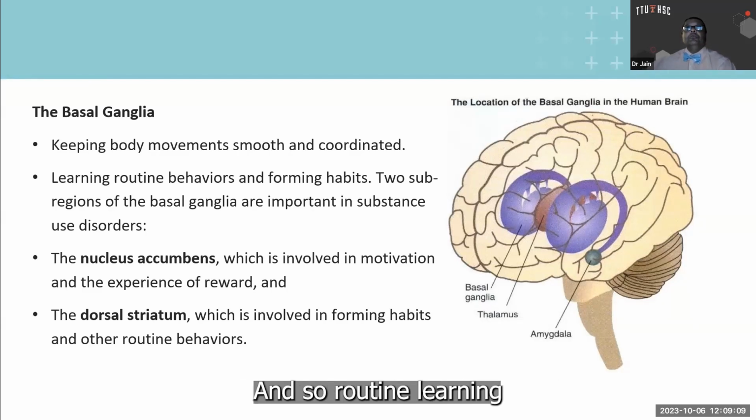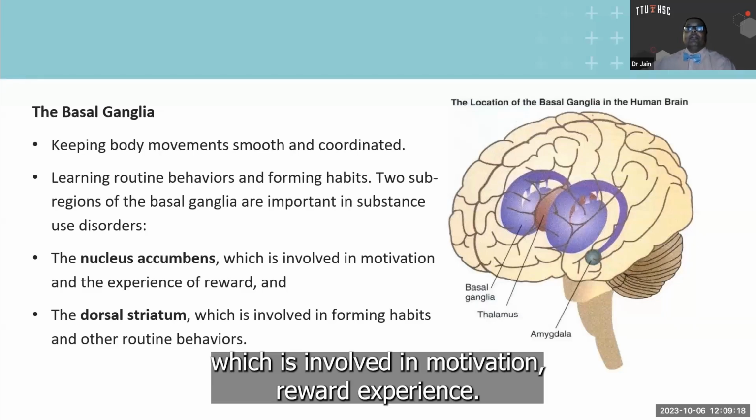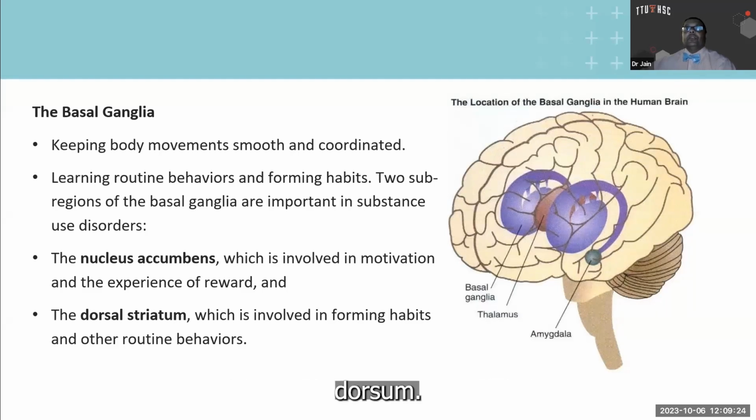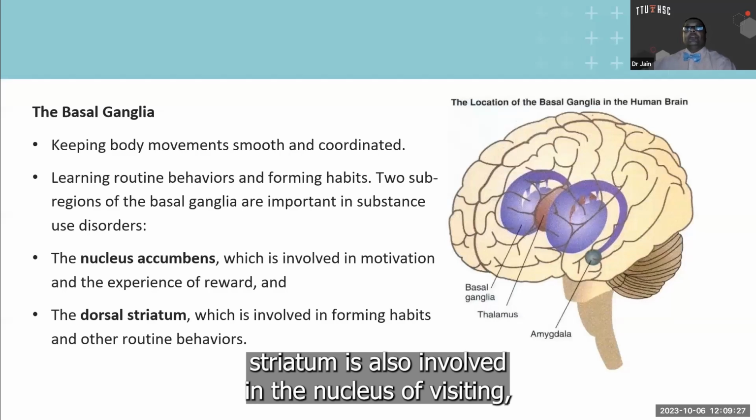So routine learning involves two sub areas. The one is the nucleus accumbens, which is involved in motivation and reward experience. And then we have the dorsal striatum.